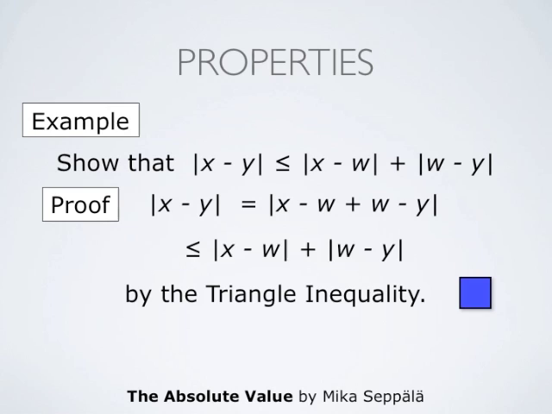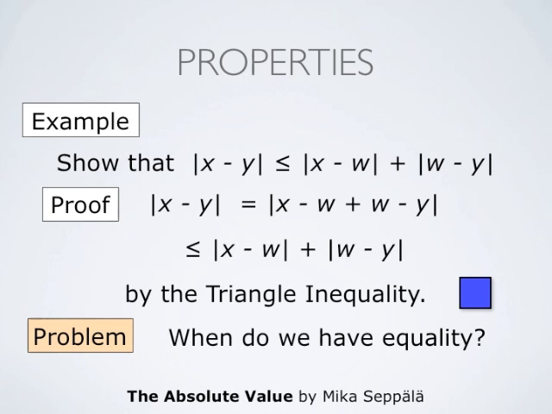So we observe that by the triangle inequality, this is at most the absolute value of x minus w plus the absolute value of w minus y. And we have shown what we were supposed to show. Now my question to you is, when do we have equality here instead of inequality? This is a puzzle, you may think.